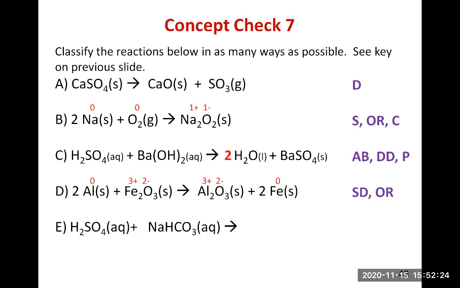Last example, we have H2SO4, the sulfuric acid, plus NaHCO3. Here we can recognize that we will need to exchange partners again. NaHCO3 is a base, even though it's not part of the bases you've learned in this chapter, but that's a base.